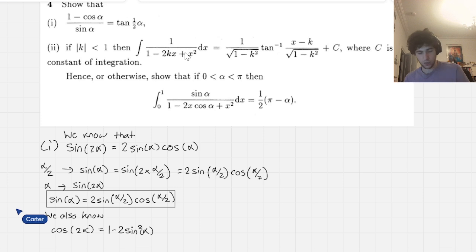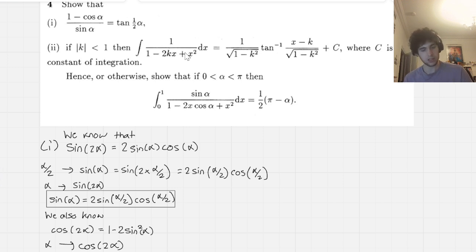Okay, so if I have cosine of 2 alpha, that means that if you give me some alpha, I can tell you what cosine of 2 alpha is. But also, if you give me some alpha over 2, I can tell you what cosine of alpha is, because cosine of alpha is just cosine of 2 times alpha over 2.